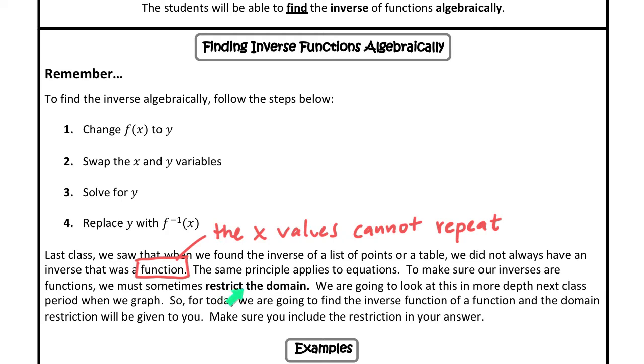So restricting the domain just means that we're going to only look at a certain set of x values. So let me make another note here.